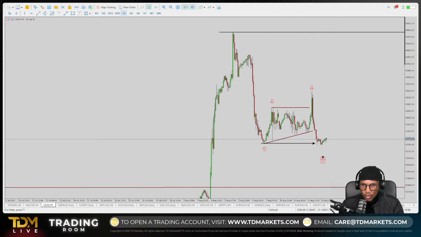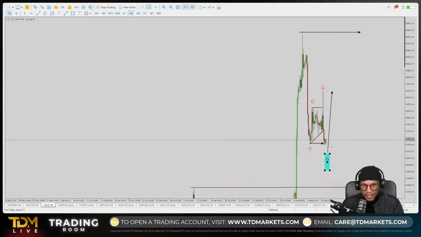And once that new low has formed, that's when I'm going to be looking for my buy setups. So it seems like price is going to break this low, but for my entries, I would want price to break that low first, give us a new low, and then at any point around this zone, start to look for my buy setups.